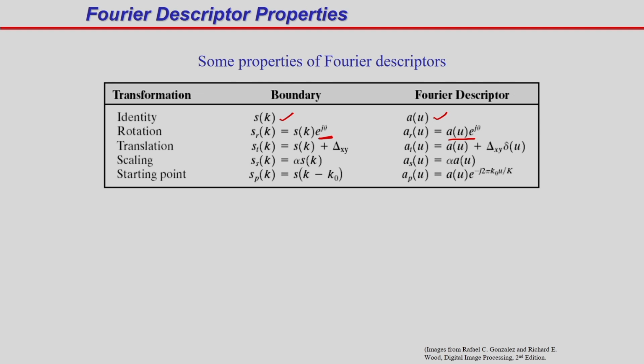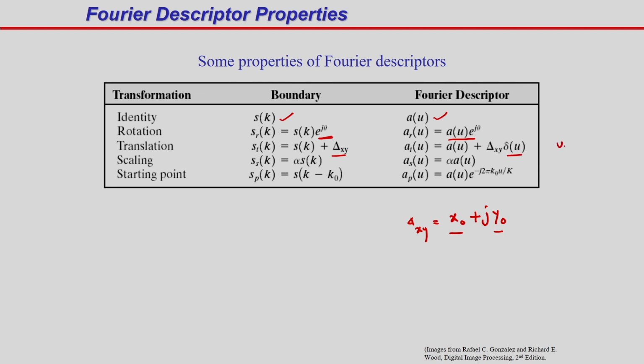Next I am considering the translation. The translation by amount delta xy, which is nothing but in the x direction the translation is x naught, and in the y direction the translation is y naught. If the boundary is translated by delta xy, then the new Fourier descriptor remains the same except at point u is equal to 0, because in this case I am considering the Dirac delta function.